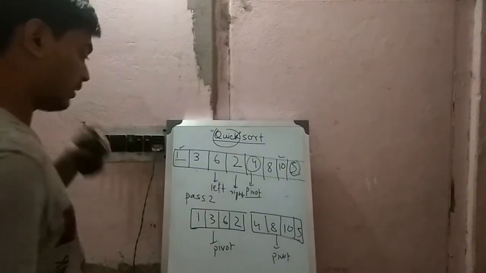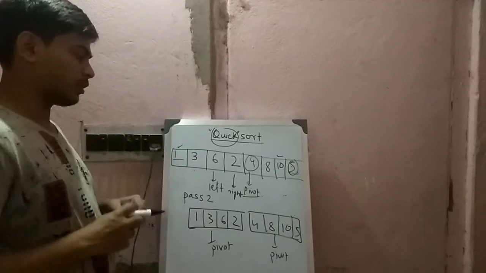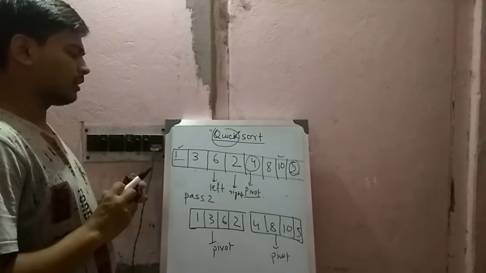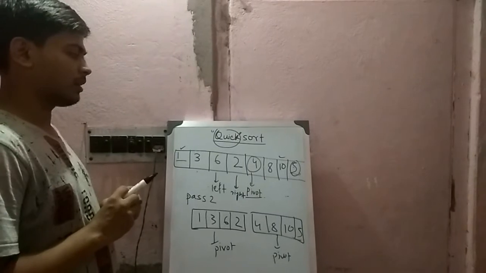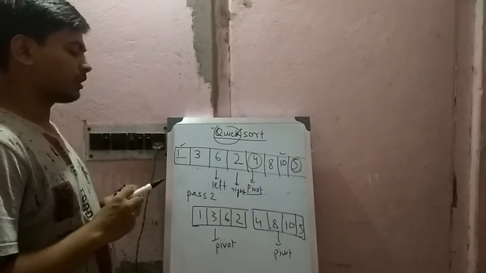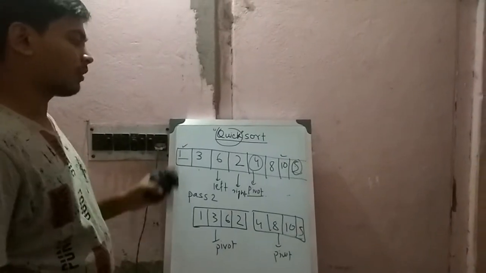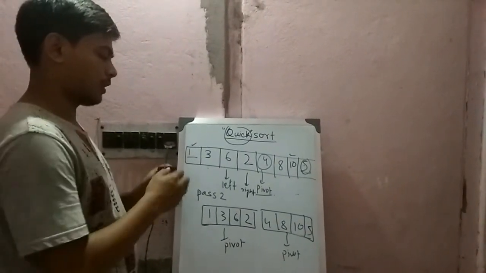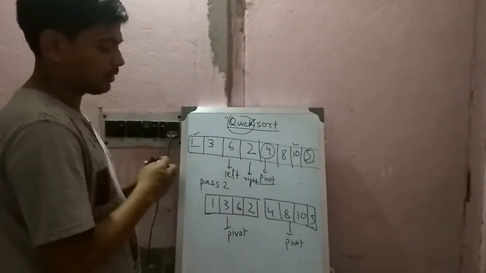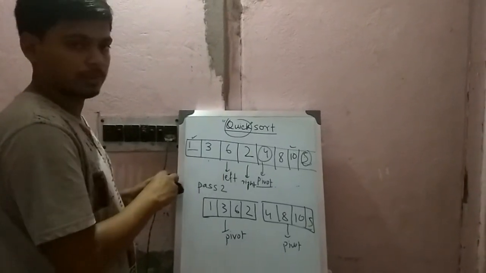Now you can solve this sorting algorithm. It's a little like merge sort, but there is a big difference between quicksort and merge sort, which I will explain. So this is how the quicksort algorithm works. This is the mathematics, the algorithm approach behind it.